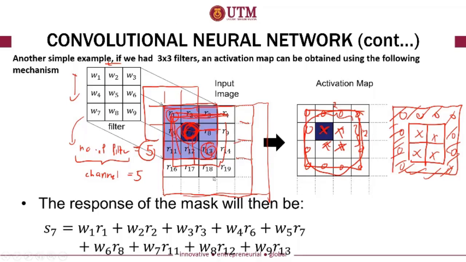If you have a 4 times 4, it will shrink into 2 times 2 because 3 times 3 only fits at this point. So you ignore the single line of pixels which is close to the border. Then if you talk about 5 times 5, then you will ignore 2 lines which are close to the border.